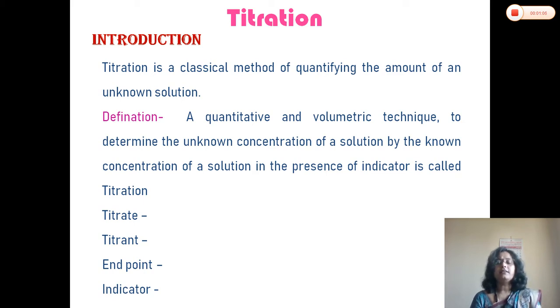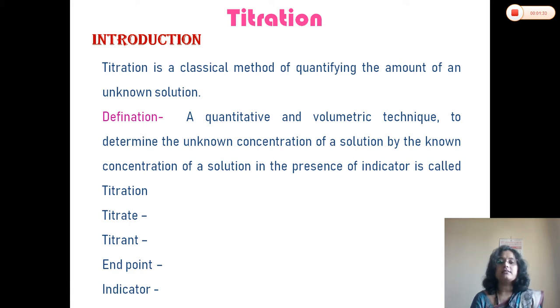Now there are some terminologies associated with titration: titrate, titrant, endpoint and the indicator. Titrate, titrant and the indicator are basically the components of the titration. So what is the titrate? Titrate is the solution of unknown concentration used in a titration, whose concentration we are going to determine.